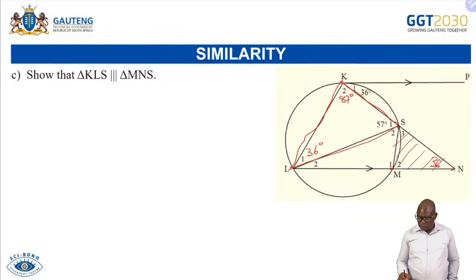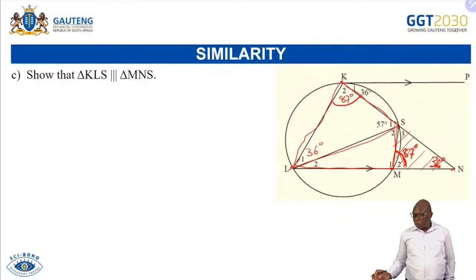I know that this is 36 degrees. Now, this angle here, it's an exterior angle of a cyclic quad. You see, they didn't just tell you that it's a cyclic quad. It's an exterior angle of a cyclic quad, which means that the angle here will be the same as that angle, which is 87 degrees. All right?